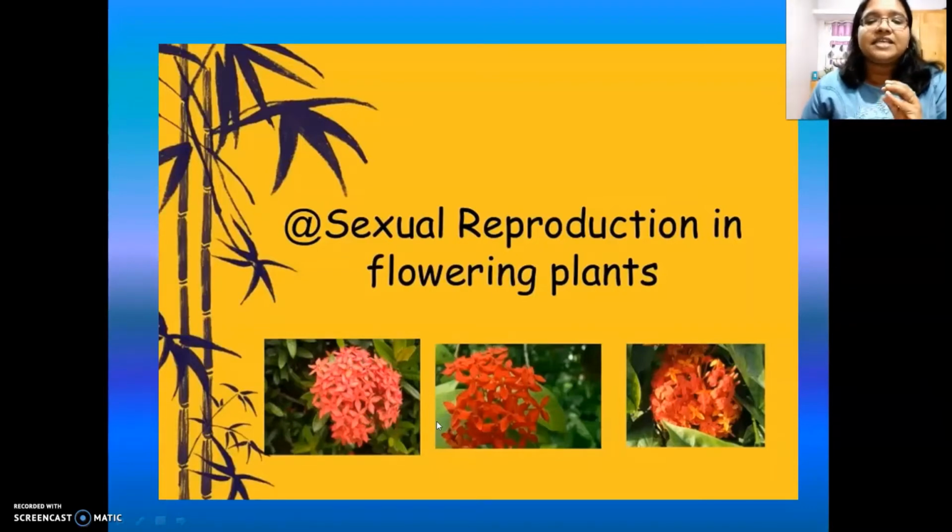You might have seen flowers as separate, individual ones, or as bunches. If it is as bunches, we call them inflorescence. Today, let's see the details of the flower and its parts.